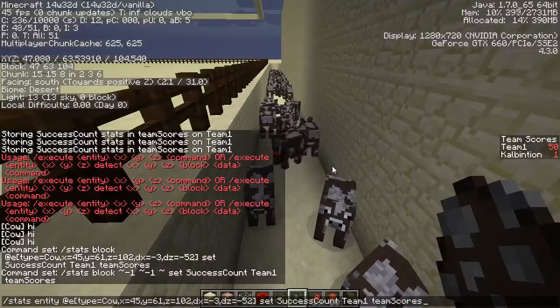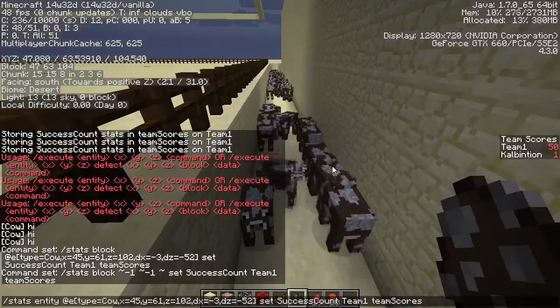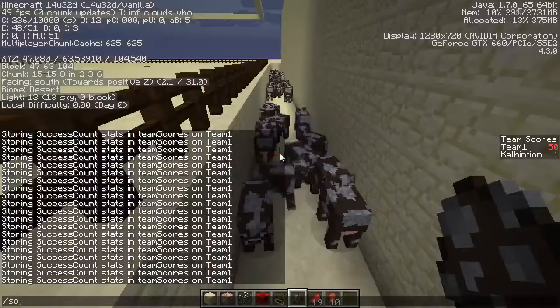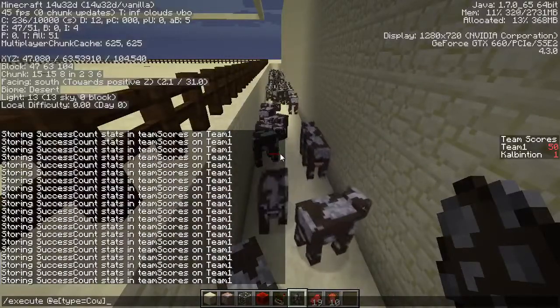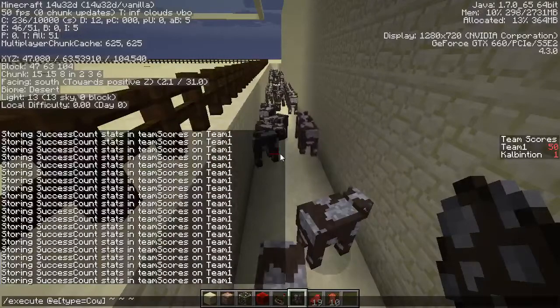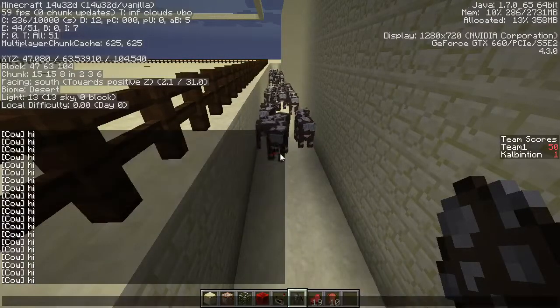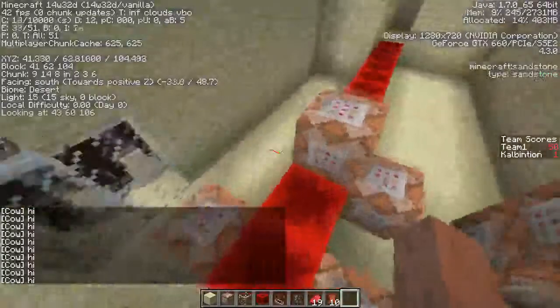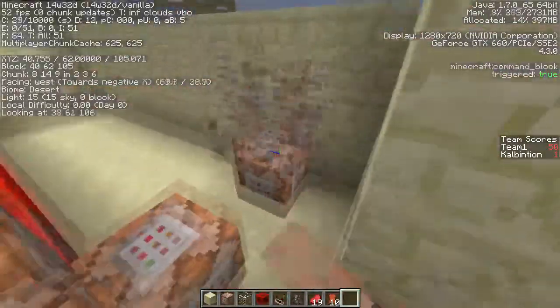Yeah, stats entity did the selection for the cows, set success count team 1, team scores, run that, then the cows should have incremented the value when I did like a hi on them, which executes a command. It should have added up to 50. That's weird. Definitely have to keep that in mind though. That is really weird.